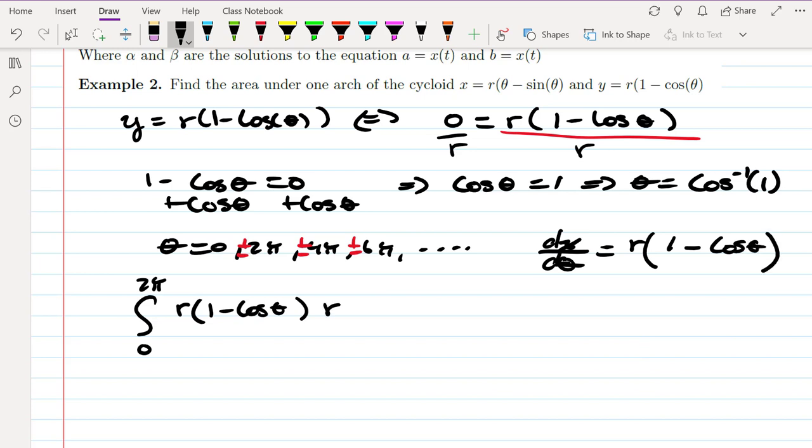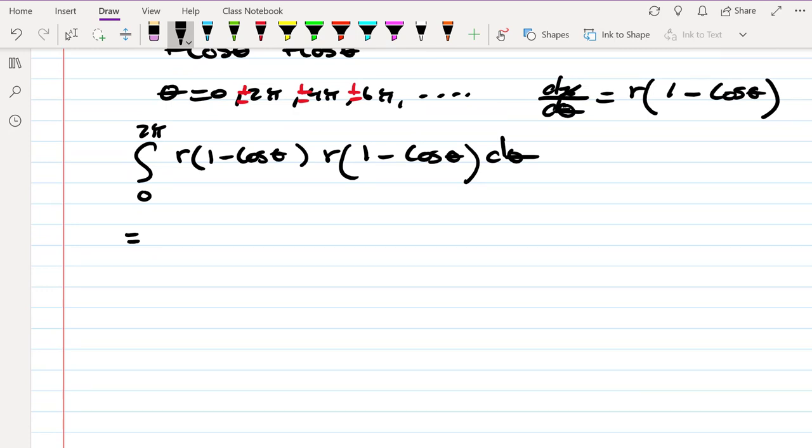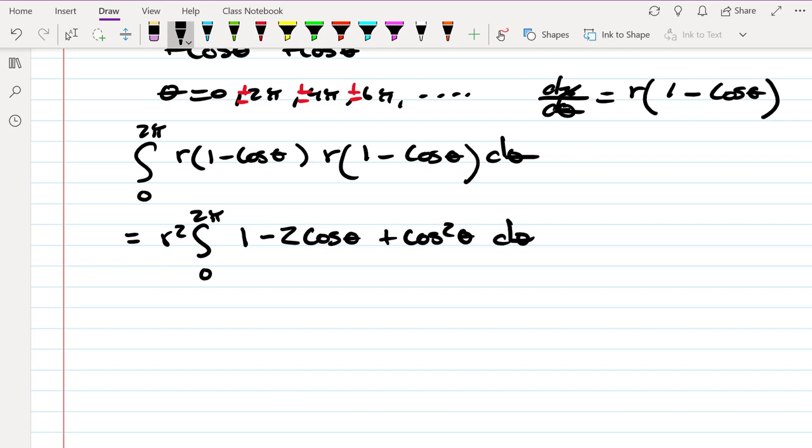So then we have r times 1 minus cosine theta d theta. Our r's are all constant with respect to this integral, so we pull the r squared out in front. And then we have 1 minus cosine theta times 1 minus cosine theta. We'll distribute that out, so that's 1 minus 2 cosine theta plus cosine squared theta d theta.